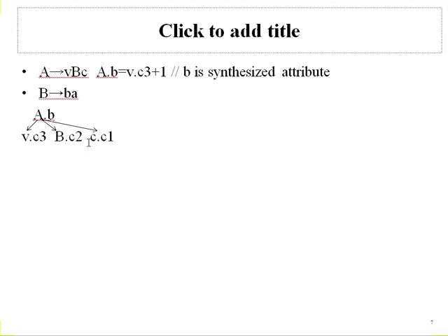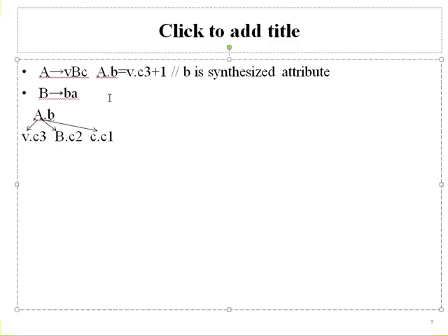the attribute C2, if we have a semantic rule which is defined as the attribute B, like E2 or E1 is calculated as attribute B dot A, assuming that there is an attribute attached to non-terminal B plus 2, let's say.